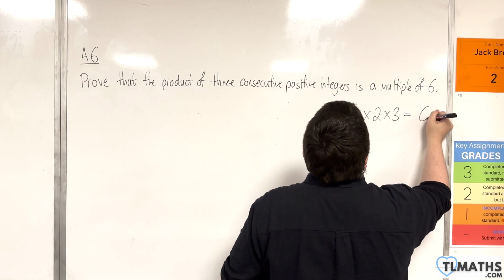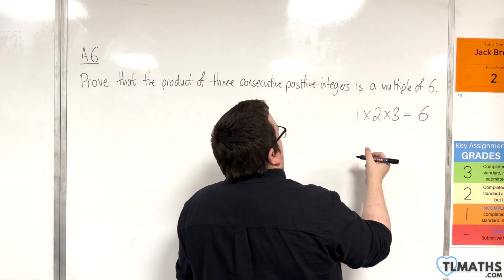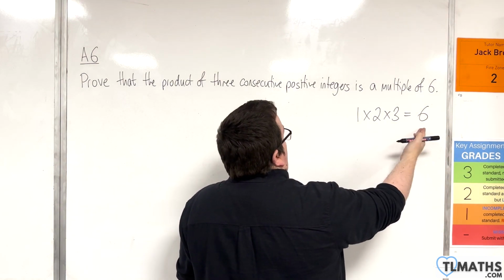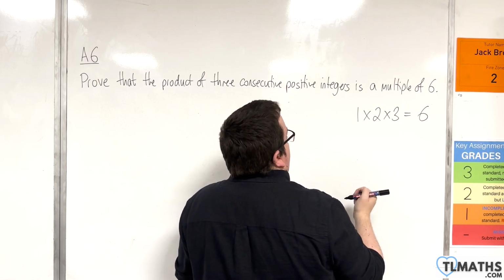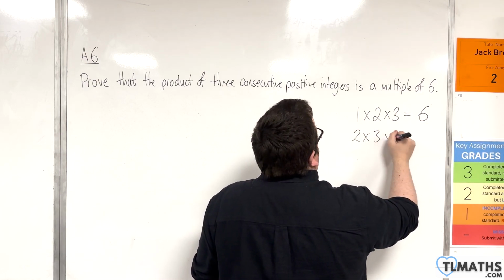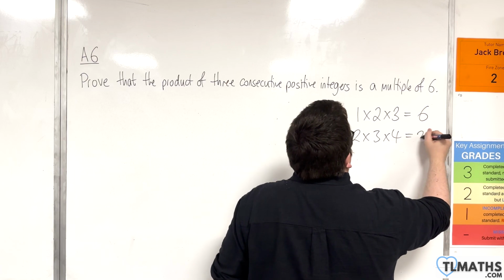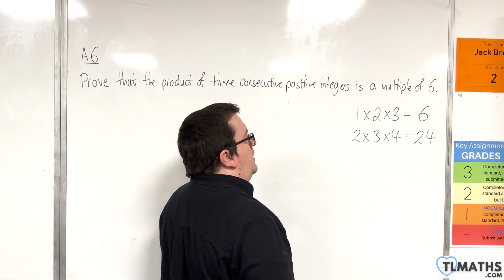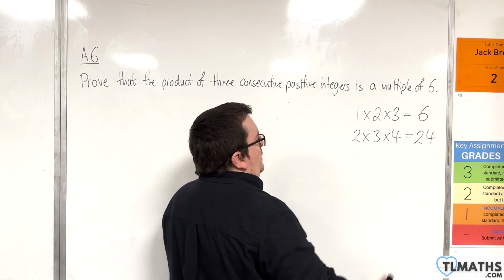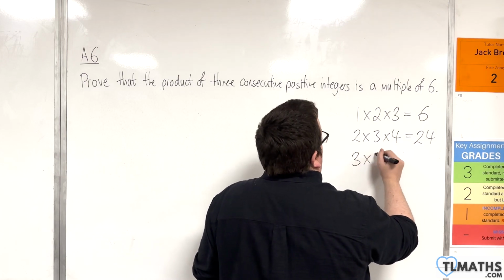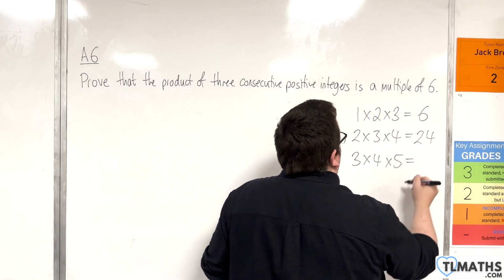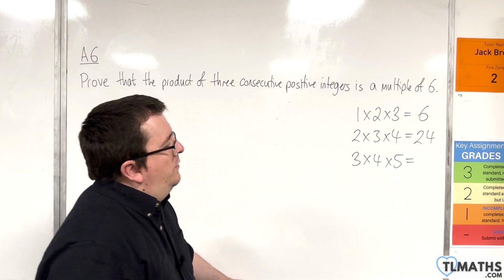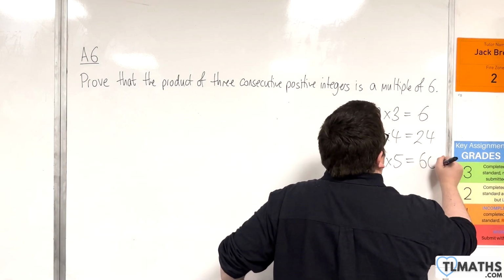Well, of course, that's 6, and that's a multiple of 6, so we're all good. 2 times 3 times 4. So what's that, 24? Okay, that's a multiple of 6. And 3 times 4 times 5. That's 60. That's a multiple of 6.